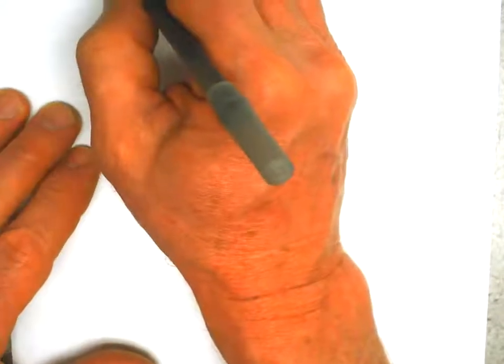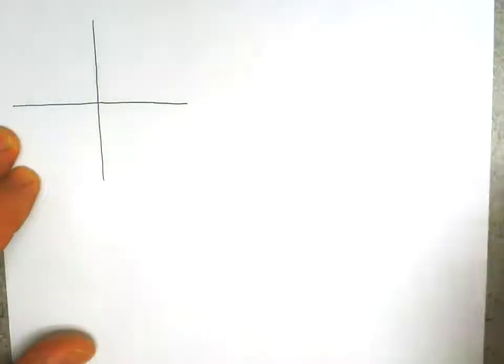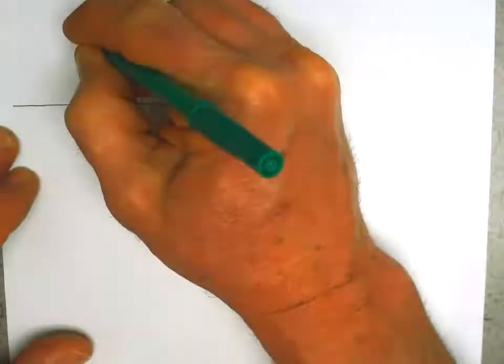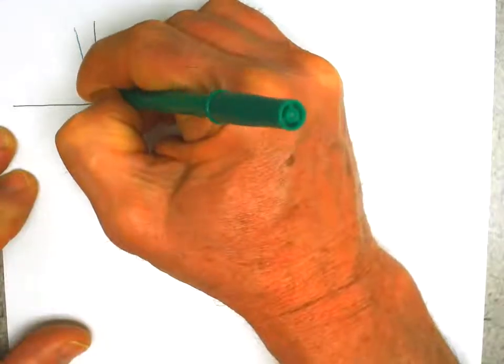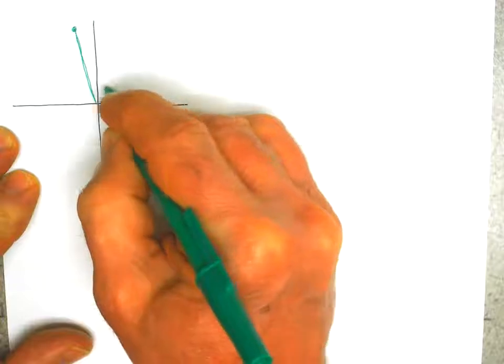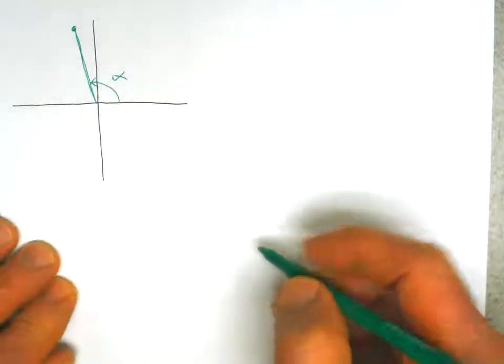Okay, so suppose we have, in the unit circle, an angle alpha in standard position.